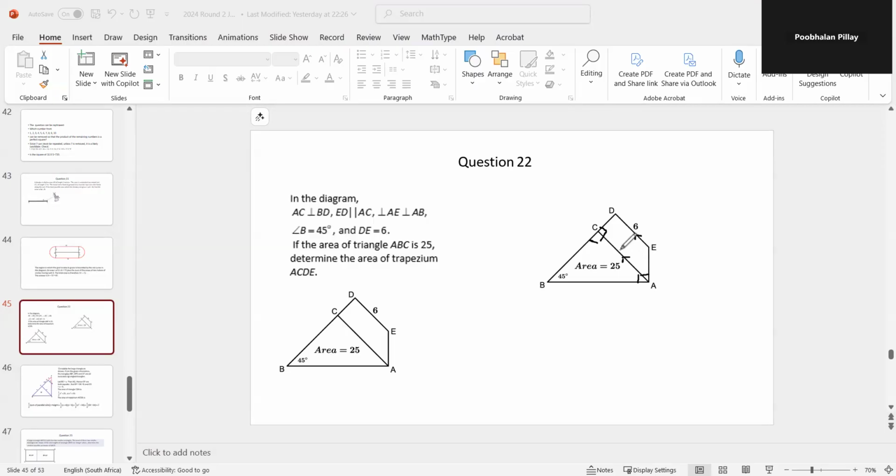Okay, let's call this side here X. And then the required area is equal to half the sum of the parallel sides, X plus 6, times the height between these two parallel lines. And the height is here.